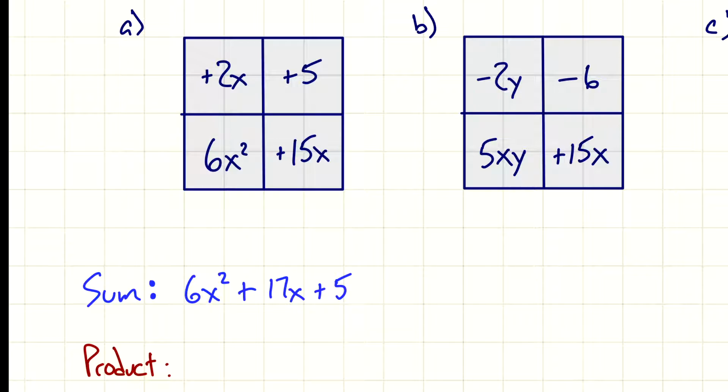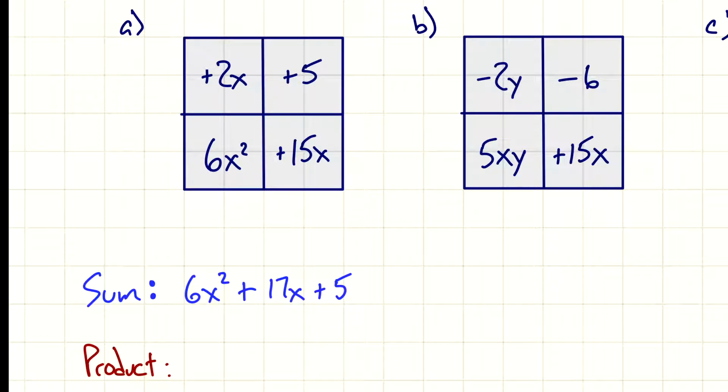So let me give you a trick to make it a little bit easier. And that is, if you are familiar with the common factor. Sometimes we might say, what's a common factor? What number goes into both of these numbers, right?